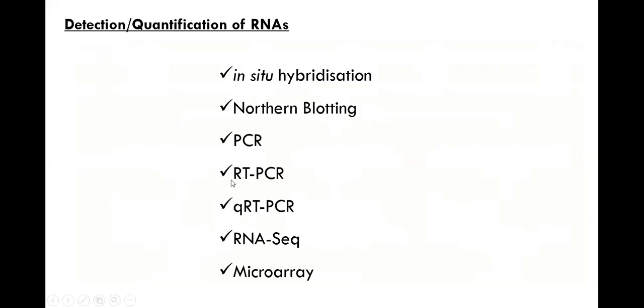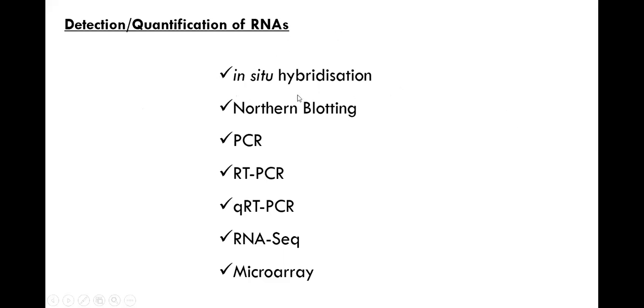So coming on to the methods. In this present class, I may not go too deep into the methods. We will talk about each technique in another class. But to give an overview of how RNA can be detected, there are many techniques we can use for detection of RNA at the level of single RNAs, single genes, a cellular level, a whole organism level and a population level.